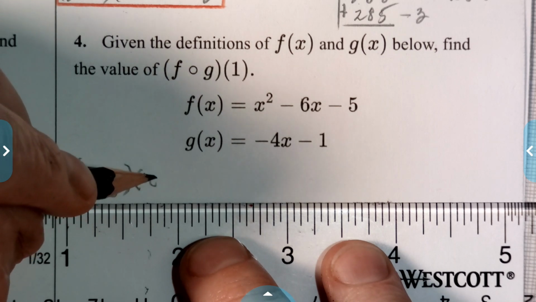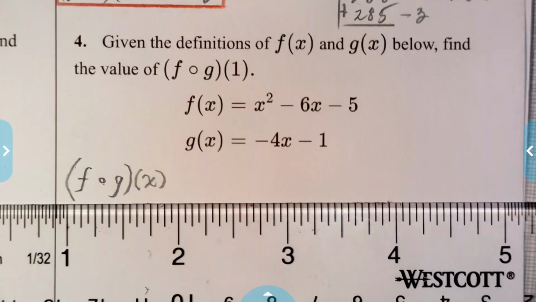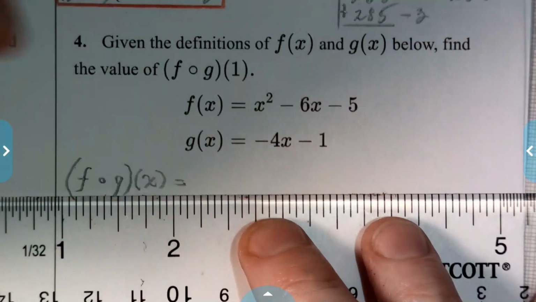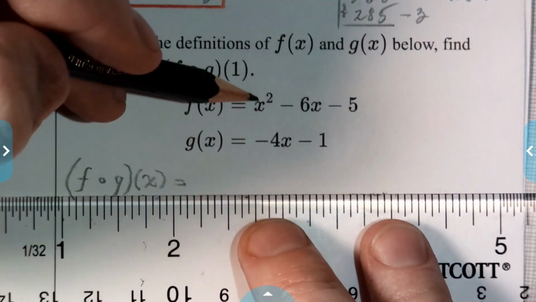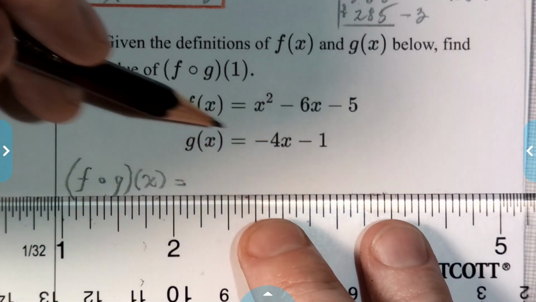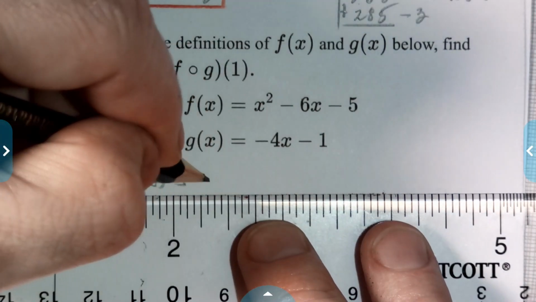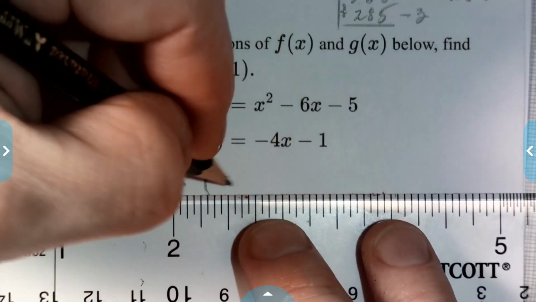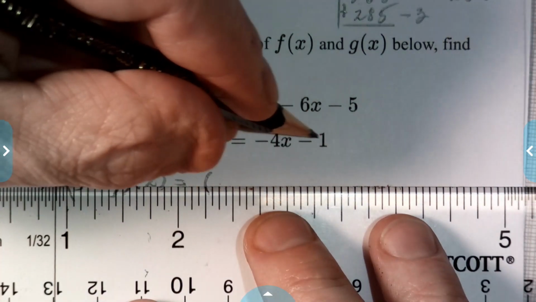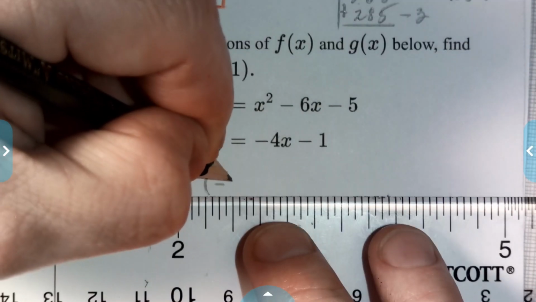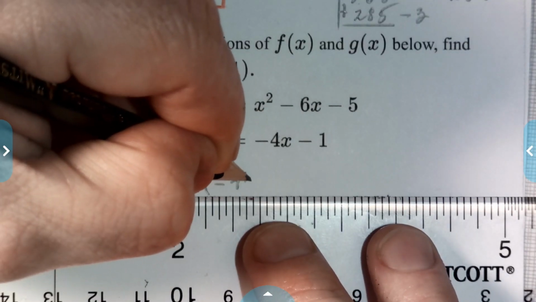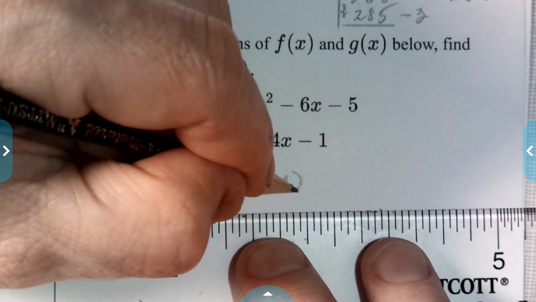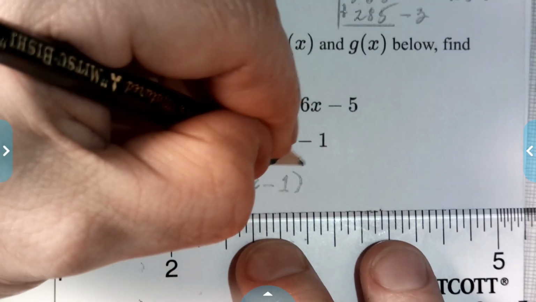And we're going to essentially evaluate this at x. And here's what that looks like. So we're going to use this as our framework and stick this in the big parentheses. So we start off with a big parentheses. And inside goes negative 4x minus 1, and then that value is squared.